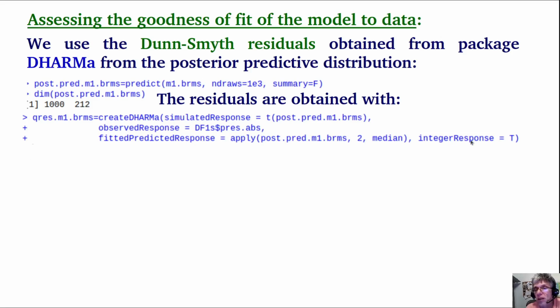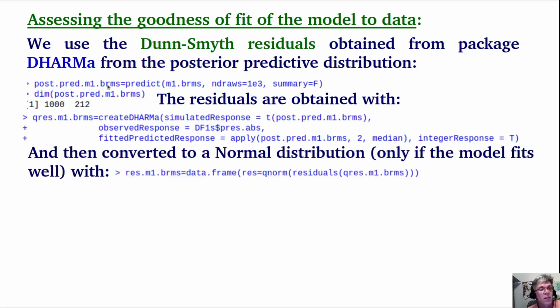And here we said integer response equals true, because the posterior predictive distribution, as we saw, has all values that are discrete. So these residuals are converted to a normal distribution only in the case where the model fits the data well, using the command qnorm as before, and we put it on this data frame.